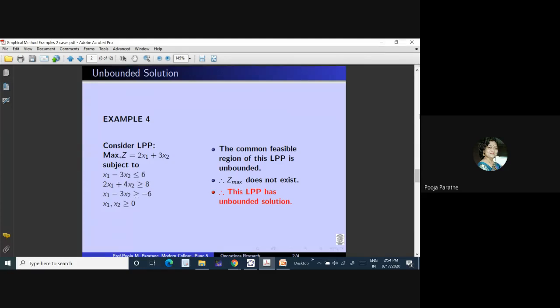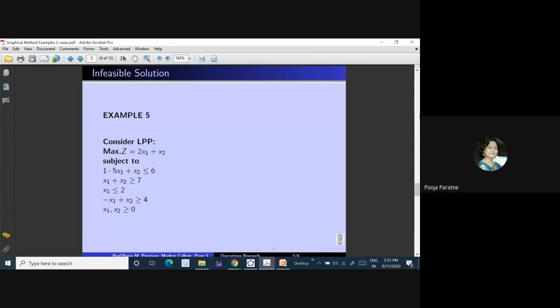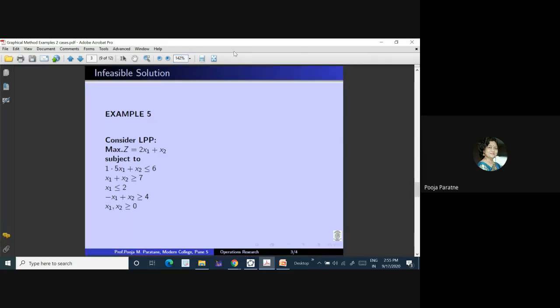If it had minimization, then we would have gotten the answer. But as the objective function is maximization, we say it is an unbounded solution. Let us go to the next type of solution. The next type of solution is the infeasible solution.